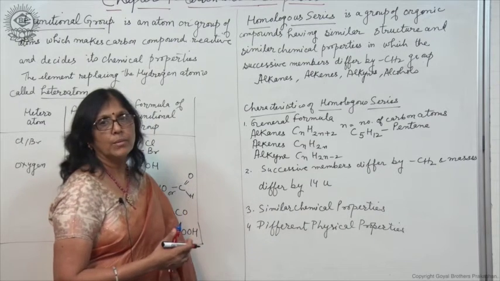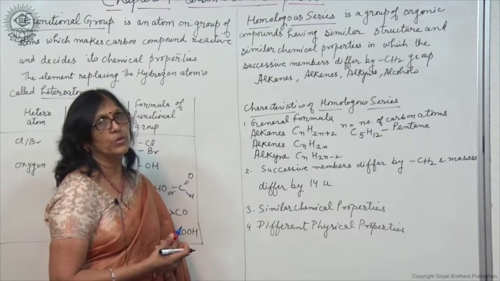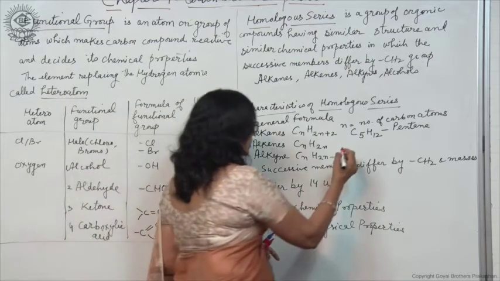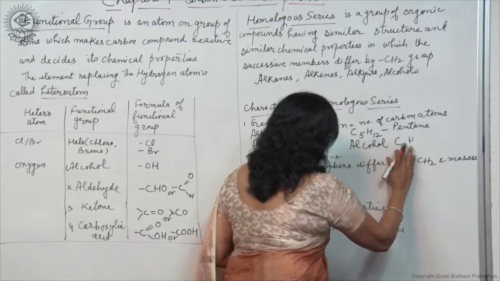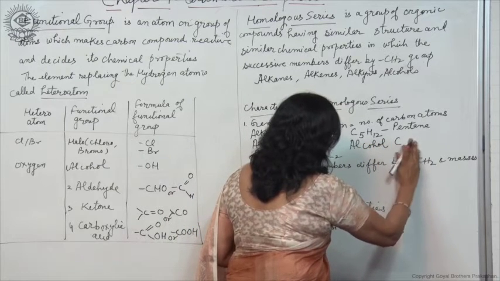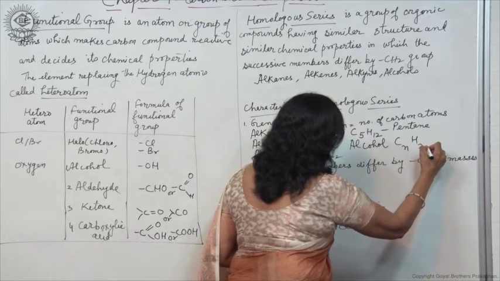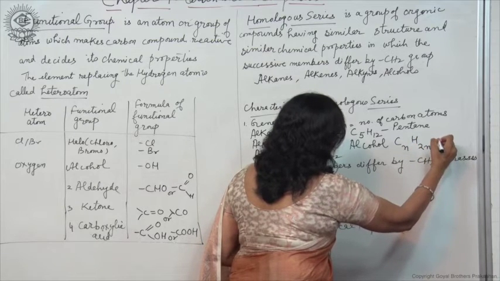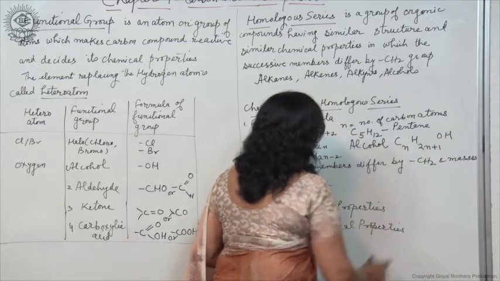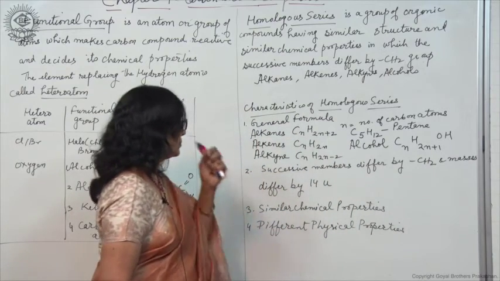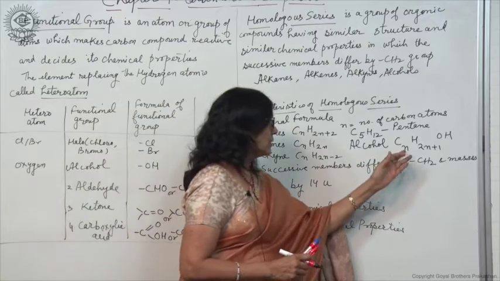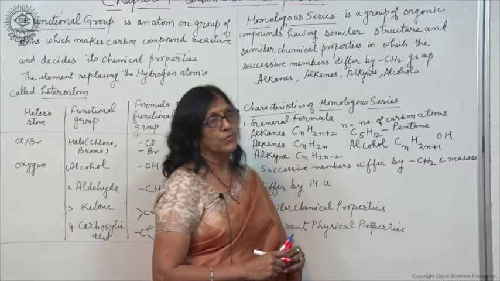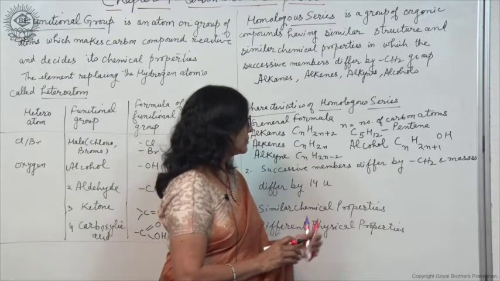Same way you can write about alcohols and aldehydes also. Let us take the case of alcohol. The general formula is CnH2n+1OH. If n is equal to 1, think over it, what will be the first member of alcohols?